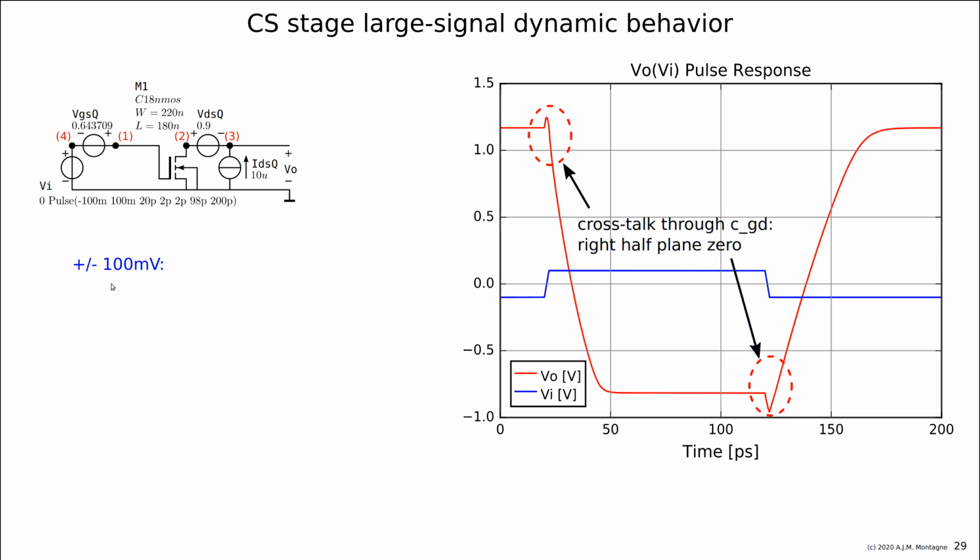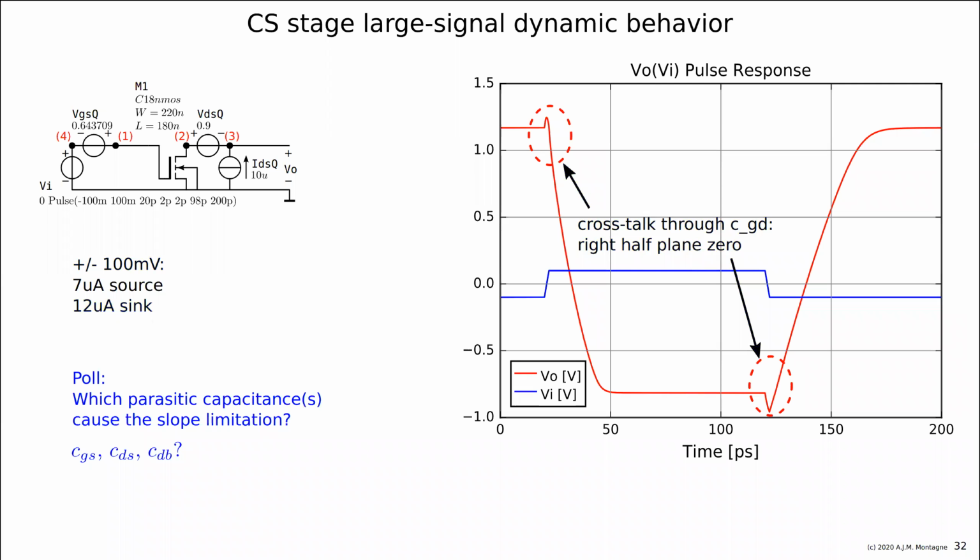So at plus or minus 100 millivolt, I already told you, we have 7 microamp source and 12 microamp sink. And now we have a question for you. Which parasitic capacitances cause the slope limitation? Is it the gate source capacitance, the drain source, or the drain bulk?